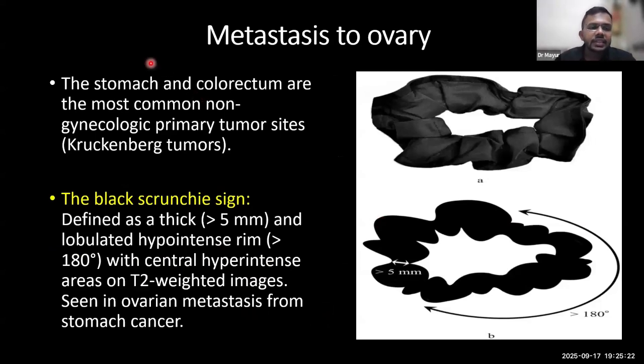Most commonly, metastasis to the ovary occurs from stomach or colorectal carcinomas, and these are known as Krukenberg's tumors. The black scrunchy sign is seen in metastasis to ovaries from primary gastric tumors. It is defined as a peripheral thick hypointense rim with a central hyperintense area on T2 weighted images.